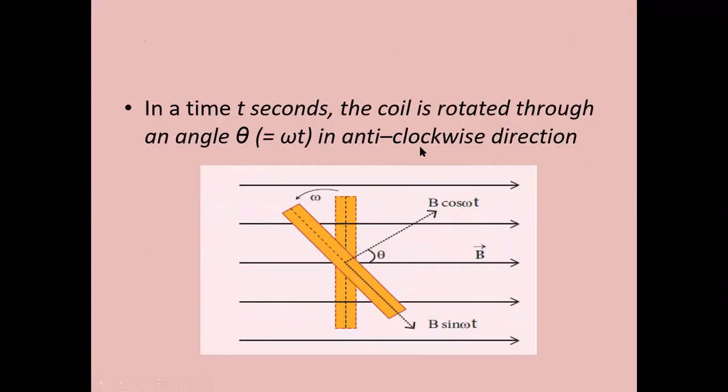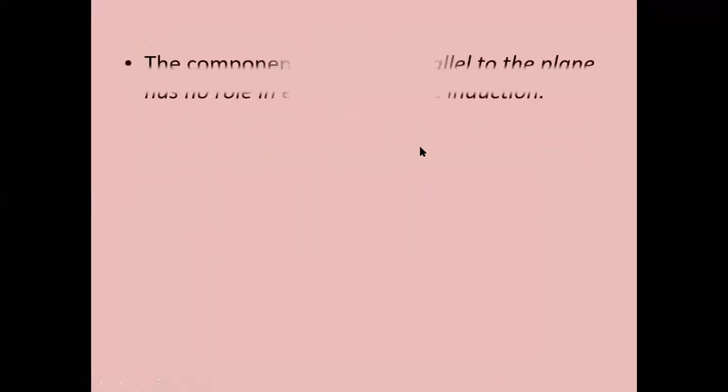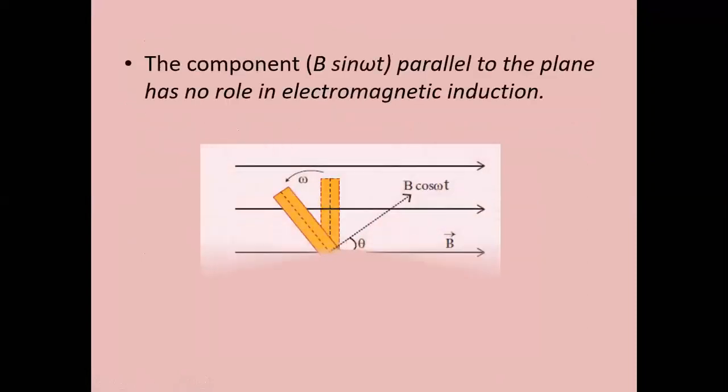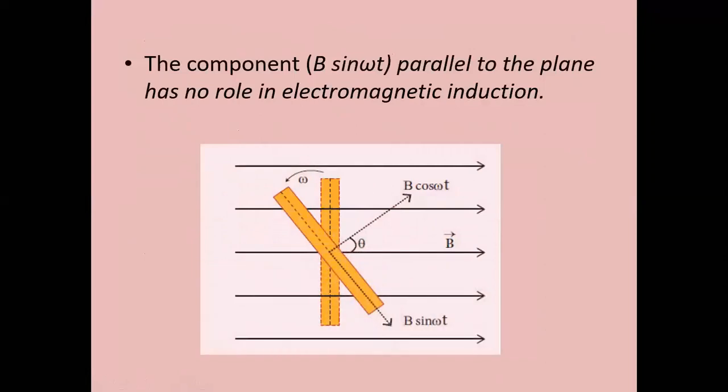Now, when it is rotating, we can resolve the component of the magnetic field into two components. One is the parallel component and the other is the perpendicular component. The component parallel to the axis is B sin omega t, and the component perpendicular to the axis is B cos omega t.